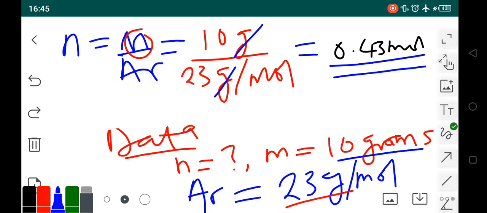Those are the number of moles contained in this mass of sodium. Now we move on to part B, where the substance in the question is a compound.